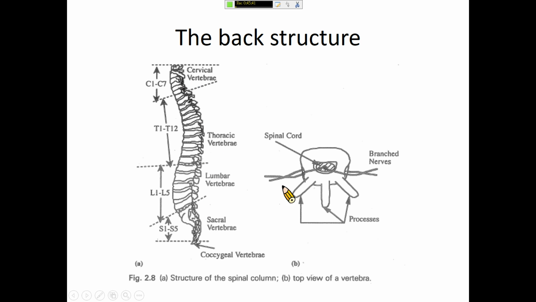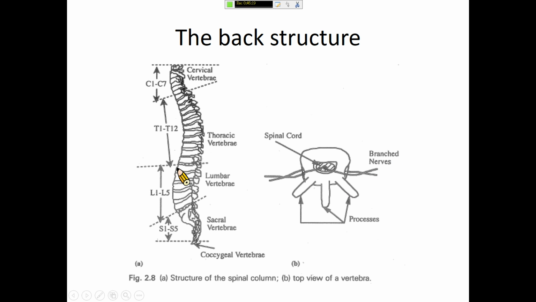So there are a lot of processes to protect you, because here there's a big canal, big tunnel. It allows the spinal cord to go through from the brain, the spinal cord. And from the spinal cord, there are branched nerves.